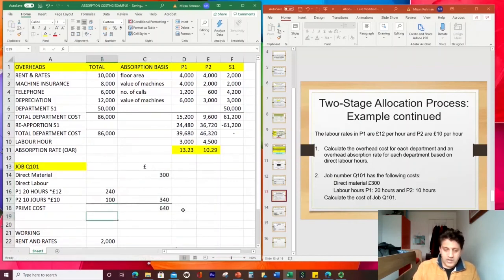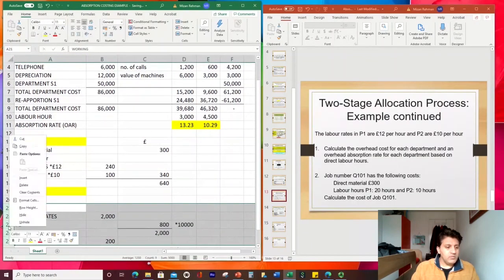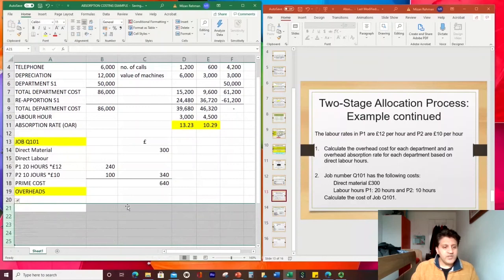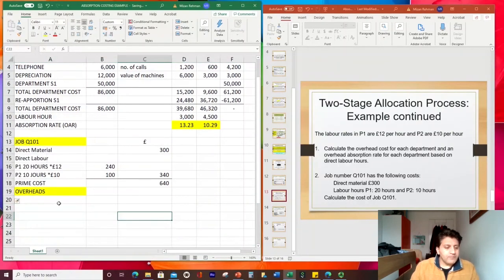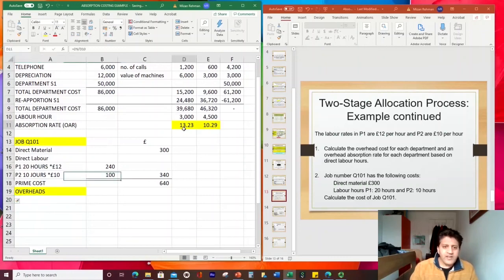Next is my overheads. We did all the above exercise basically for overheads. Let's insert a few more rows so that I can peacefully complete my question here. For overheads, the rates are here, and these rates should be applied on the basis of labor hours, and we have the information on the labor hours.